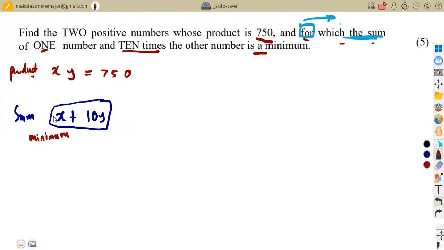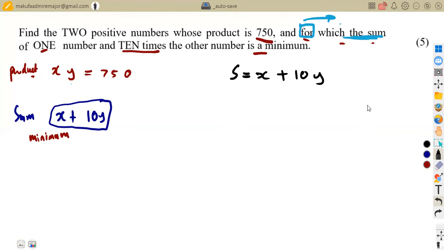All right. So meaning to say we are having an expression for the sum in terms of x and y in this case. Our expression for the sum is given as x plus 10y. And it must be minimum, meaning to say its derivative, talking about the derivative of this sum, must be equal to 0. But with respect to what? That is where we have to choose either with respect to x or with respect to y. So we are supposed to make a substitution because this sum is in terms of x and y.